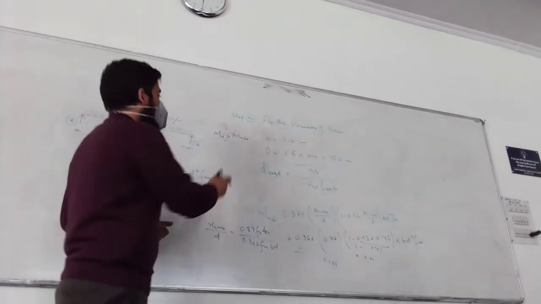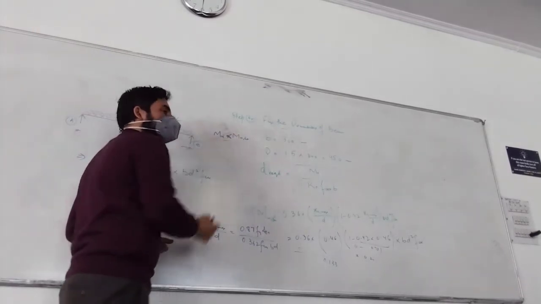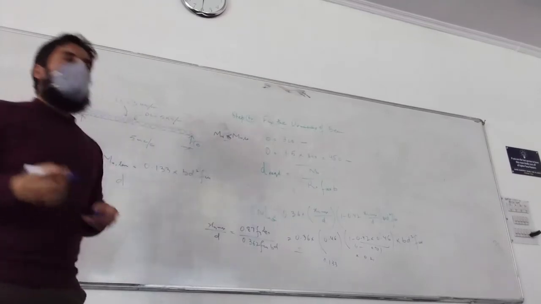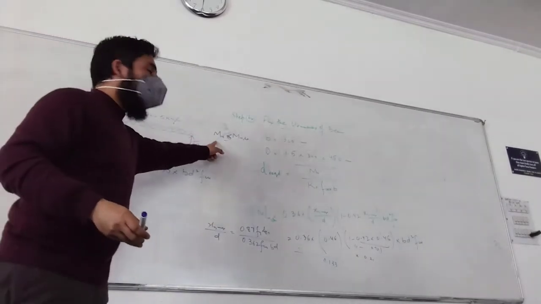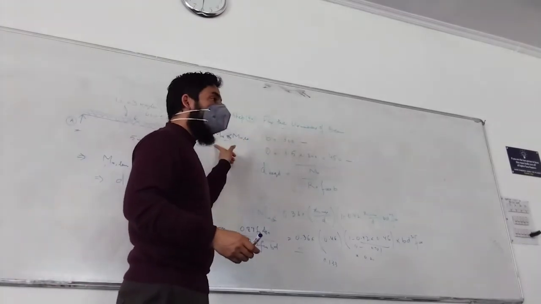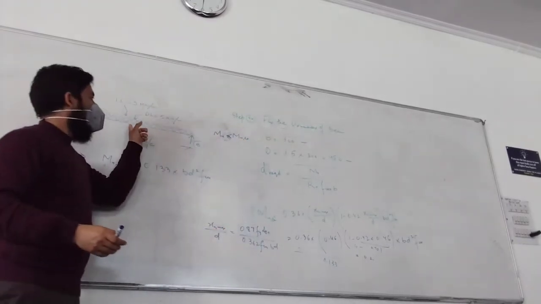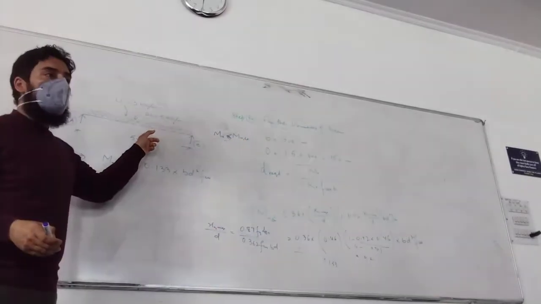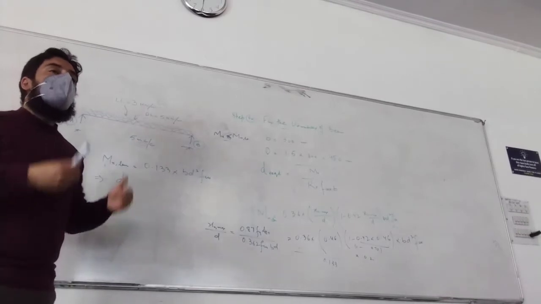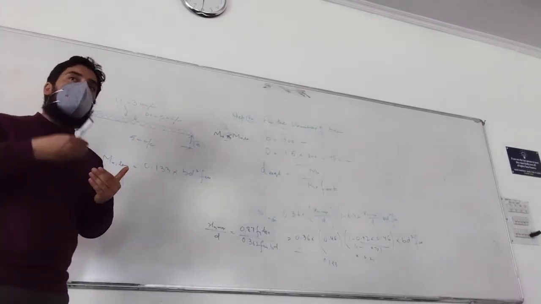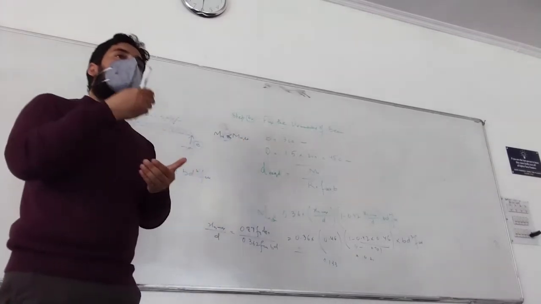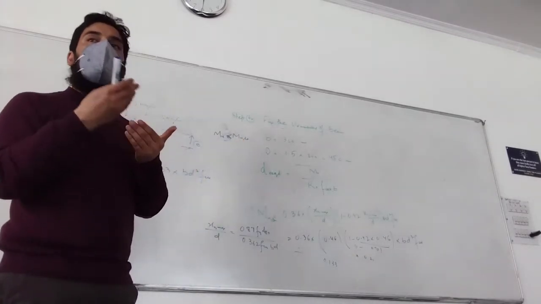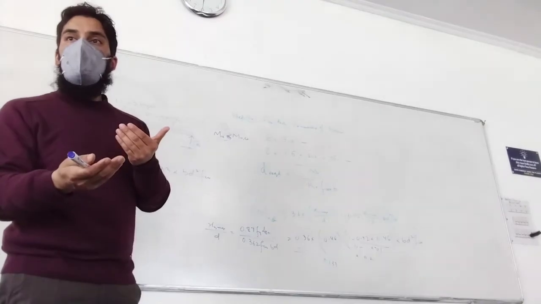So your Mu has to be less than or equal to Mu limiting. Now what is Mu? Mu is the same that we calculated just now, the moment generated by the load. Mu limiting is how much the section can resist for a balanced section.